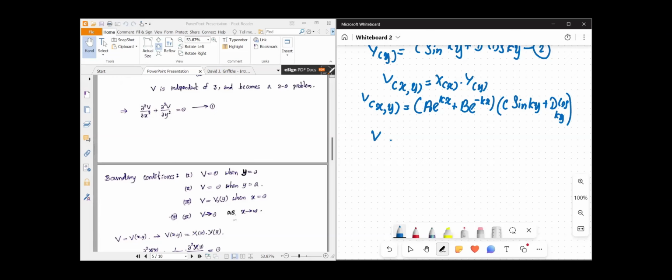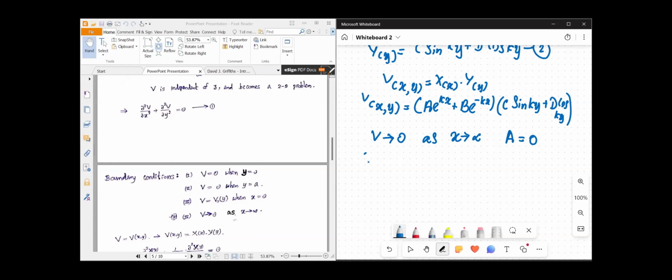Using the fourth boundary condition, potential goes to 0 as x goes to infinity. This term will reach 0, but this term will not. Therefore, this constant a will be 0.